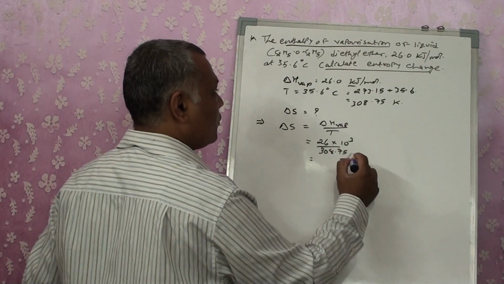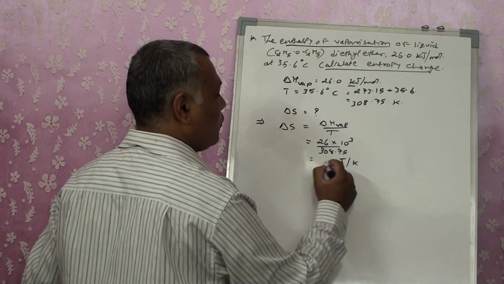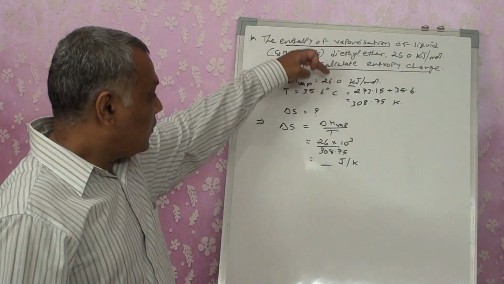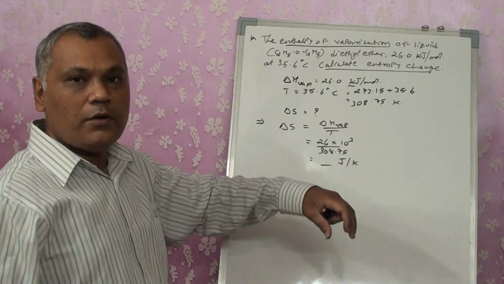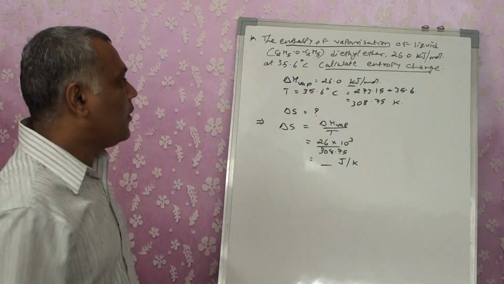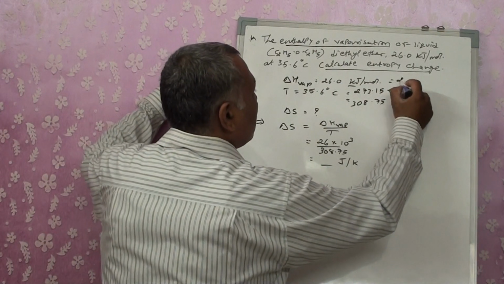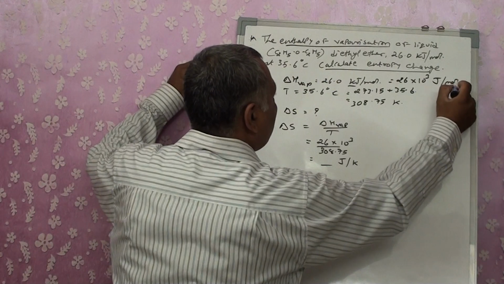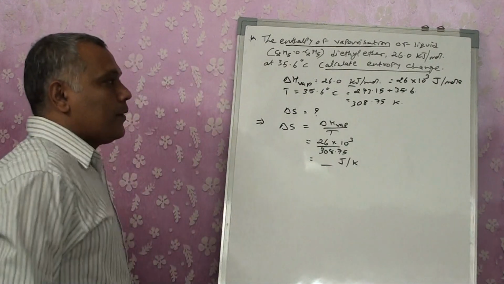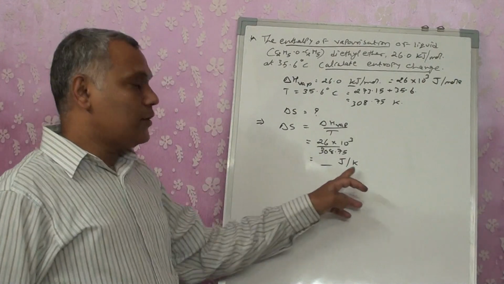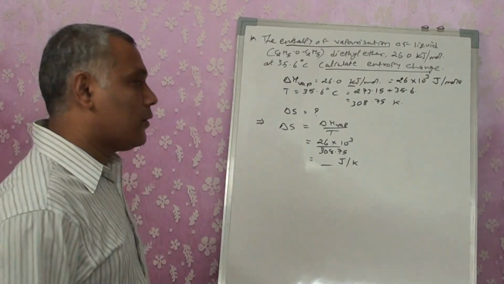So I multiplied by 26 into 10 raised to 3 joule per mole, and we get delta S in terms of joule per Kelvin.